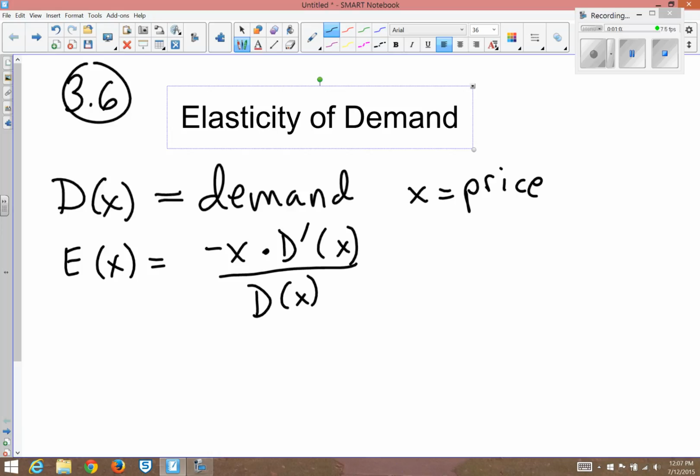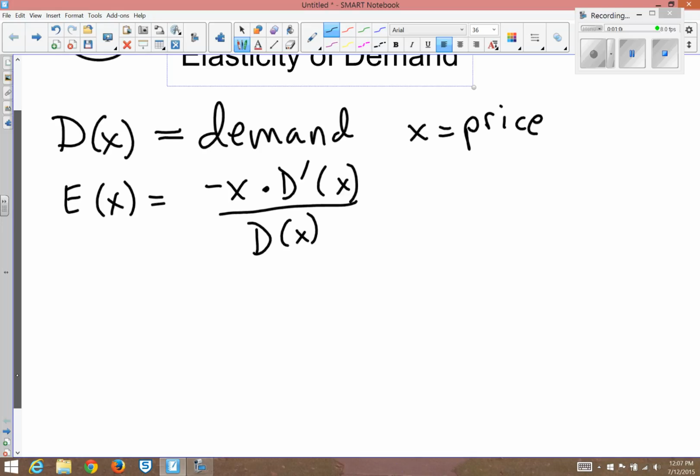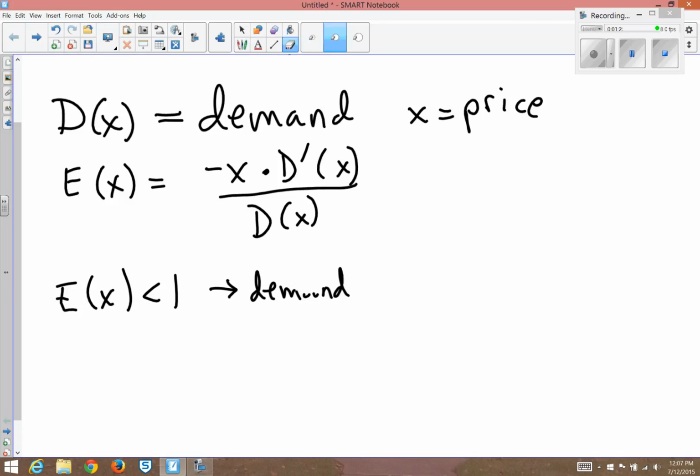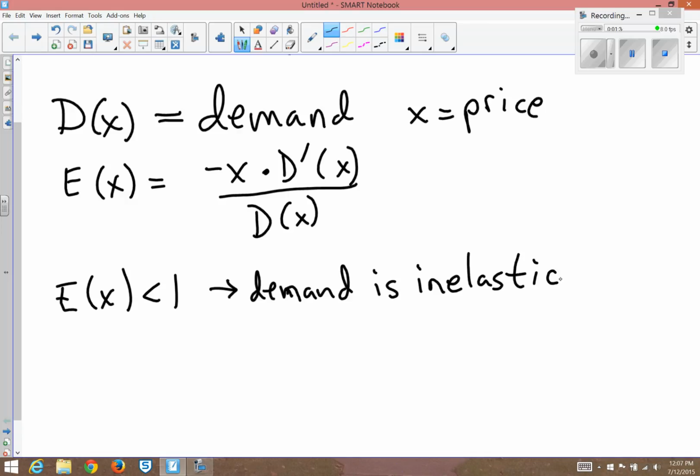We say that when the elasticity of demand is less than 1, demand is inelastic. More about this word in a bit.